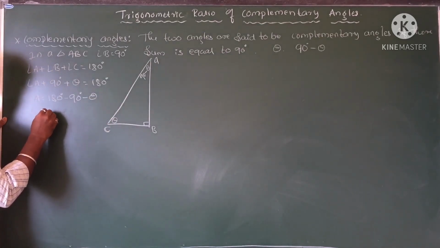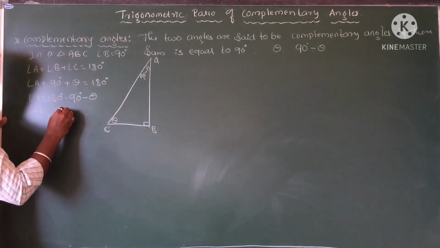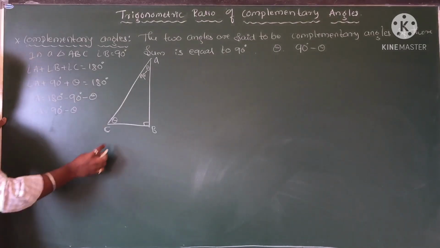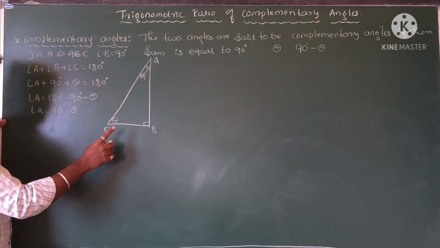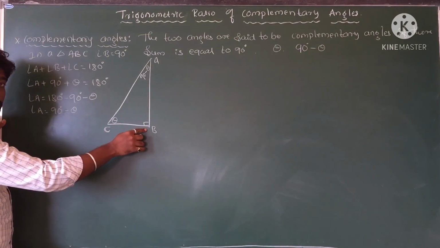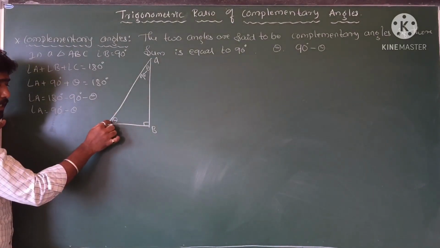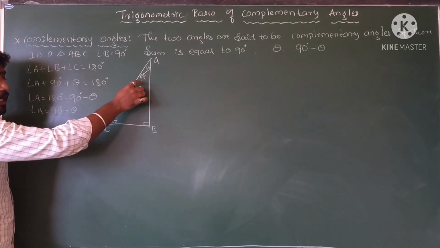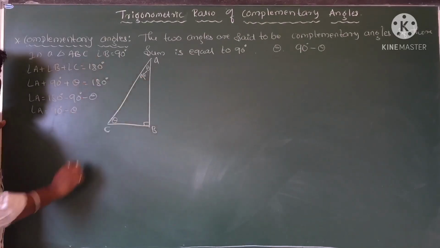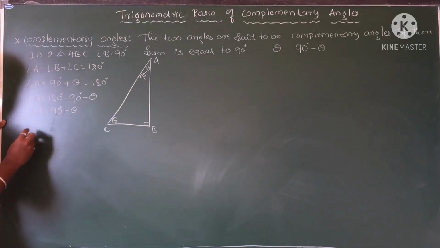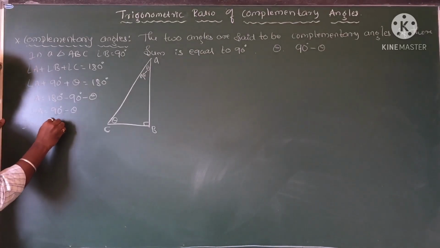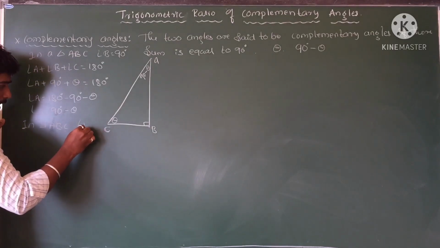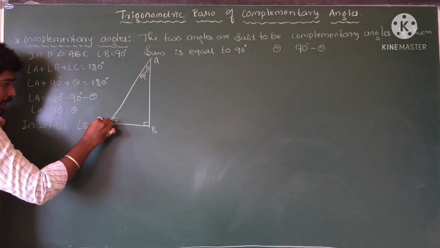So angle A is equal to 90 minus theta. In a right angle triangle, angle B is 90 and angle C is theta, so that time angle A becomes 90 minus theta. Is it clear?